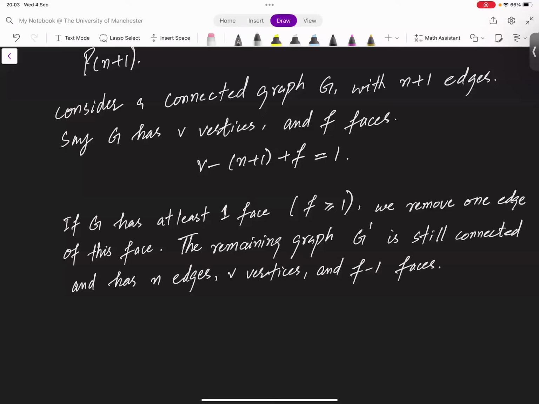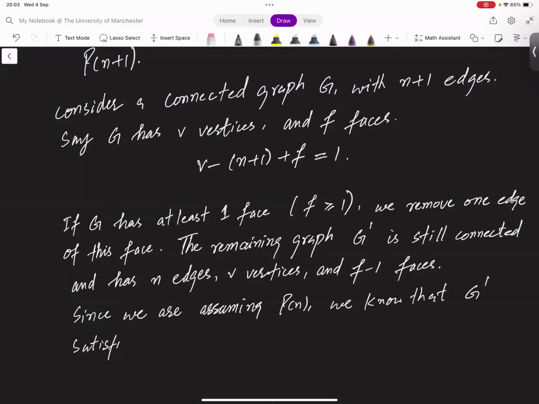Since we are assuming that P of n is true, we know that G prime satisfies the formula.